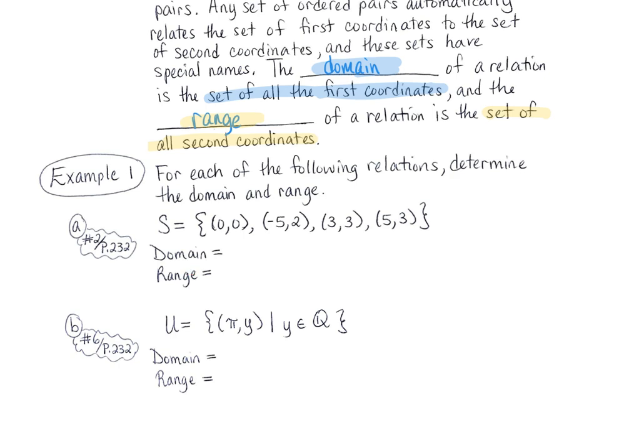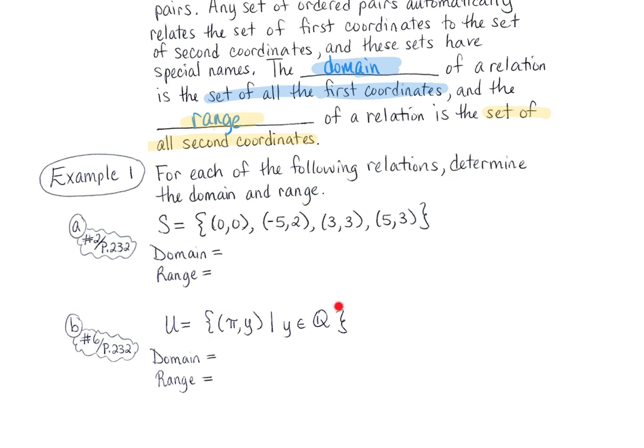Sound good? Okay. So B, we have U. Let's read it. U is equal to the set of all ordered pairs pi, comma, y. What does this bar mean? Such that. Very good. Such that y, what's that?